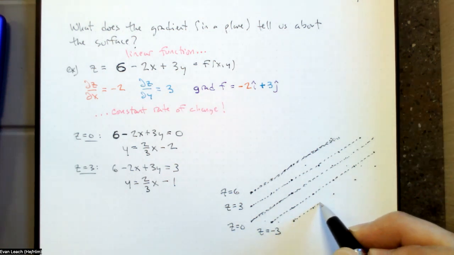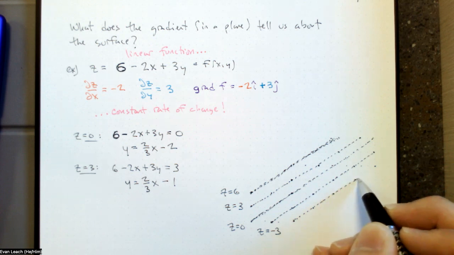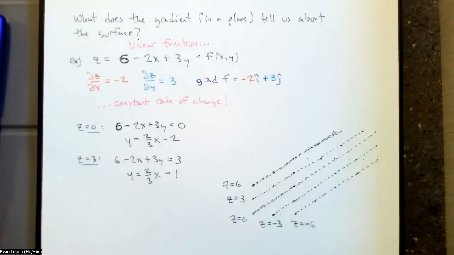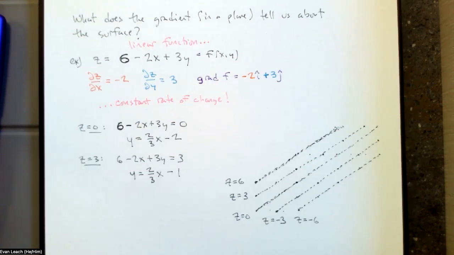Here's where z equals -6. It's not just the fact that these are parallel lines that makes this a plane. The fact that these parallel lines are evenly spaced and the z values that correspond to these parallel lines are the same distance apart.